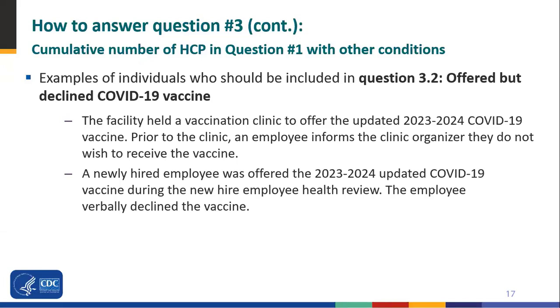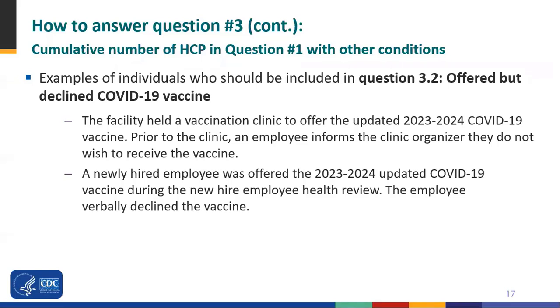We'll now review some instances of individuals who should be included in question 3.2, offered and declined vaccine. In one example, a facility held a vaccine clinic to offer the 2023-24 updated vaccine.